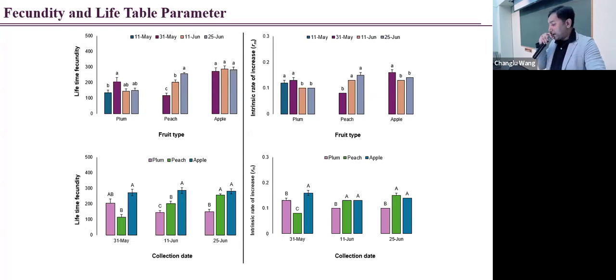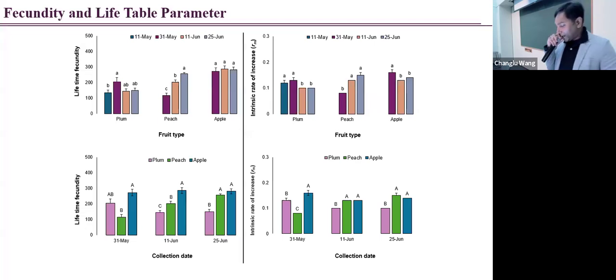And apple earlier is also better compared to the later one. But what we found here, plum fruit earlier is better and peach fruit later is better. That's what everyone is saying, right? That mature peach fruit is the better food source for oriental fruit moth, not the immature one.